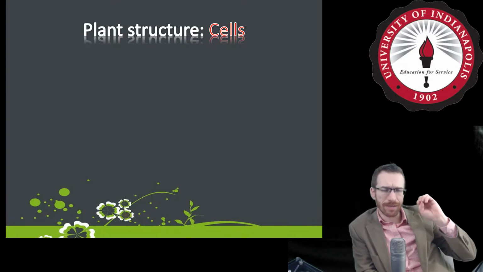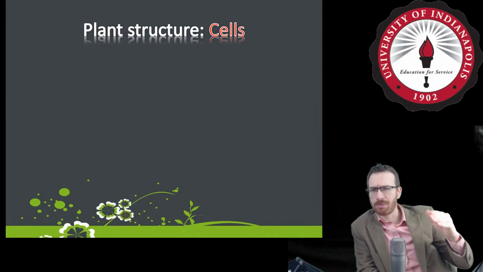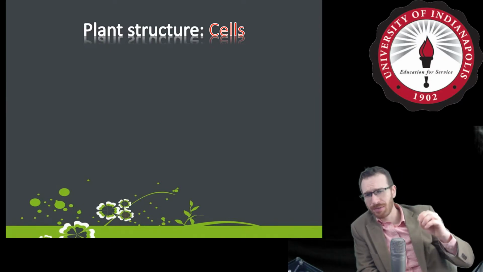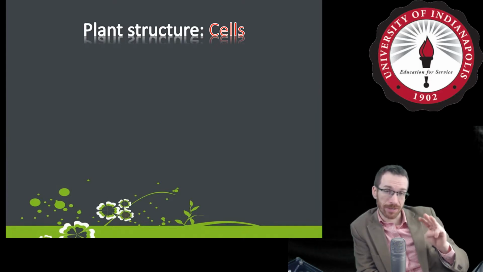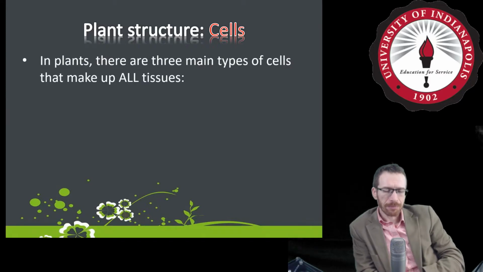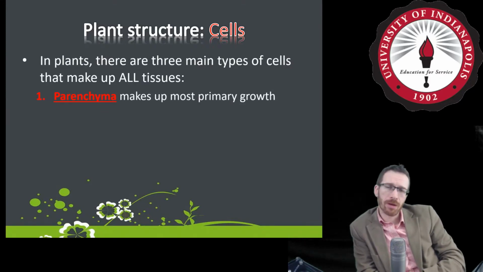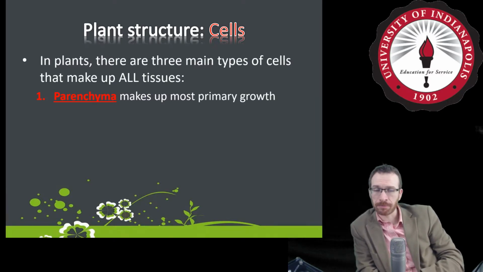So let's get a little even deeper. We talked about stems and roots. We got a little bit more specific, talked about 3 types of tissues. Let's get even more specific, talk about the 3 types of cells that make up those tissues. So you have these 3 types of cells. The first are the parenchyma. Parenchyma makes up what we call primary growth.